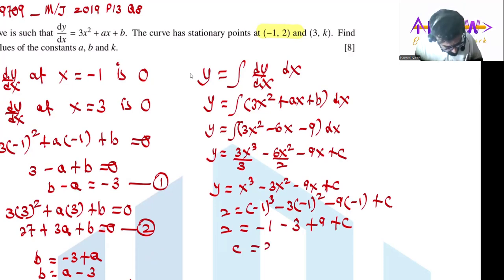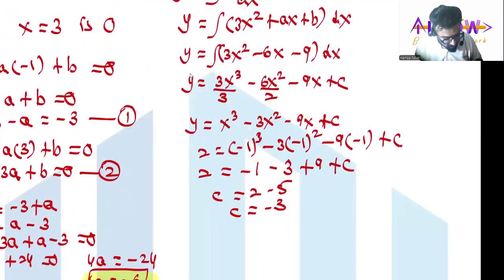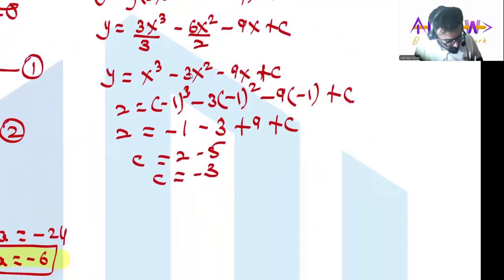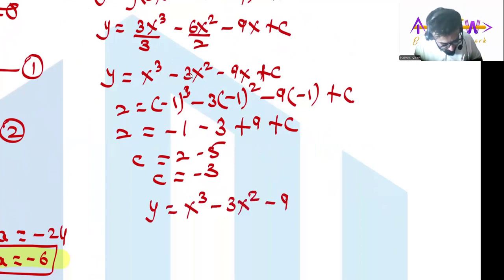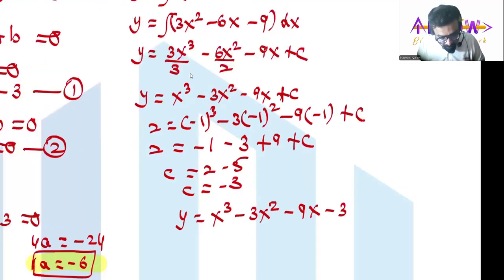So c will be equal to 2 minus 5, meaning c is equal to -3. So this means that the equation of the curve is y is equal to x cube minus 3x square minus 9x minus 3.